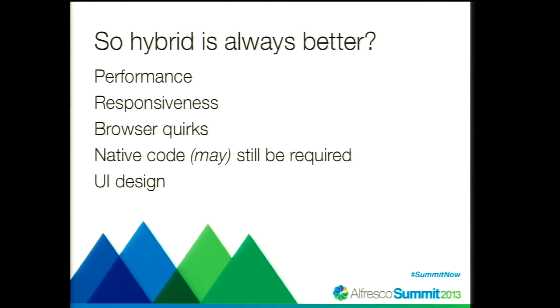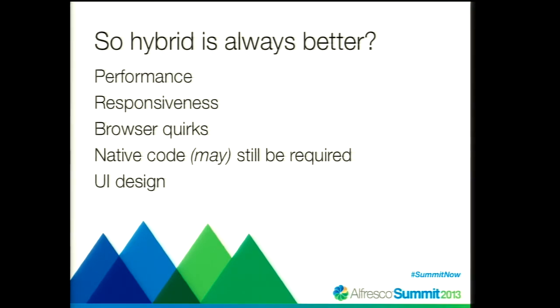There's also, you suddenly get browser quirks. So the mantra of write once, run anywhere for hybrid doesn't really hold true because you've still got different web rendering engines on each platform. And native code may still be required. If you're talking to, say, an Alfresco repository or a device like this, the web browser doesn't know how to do that natively.